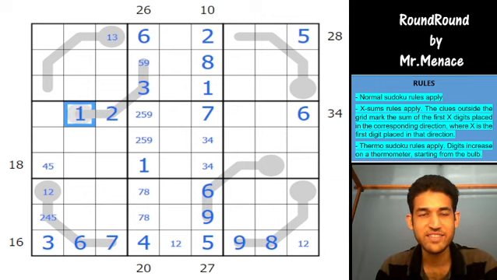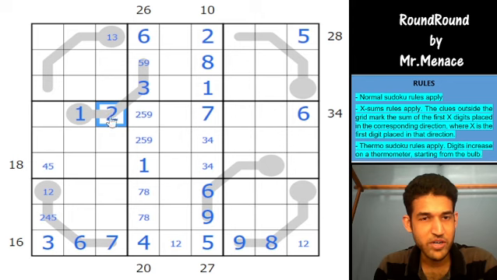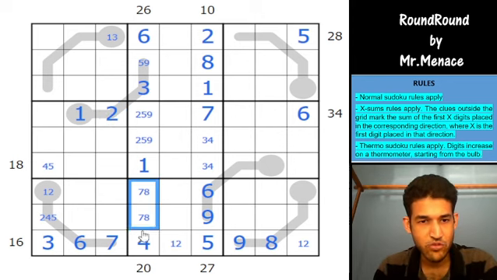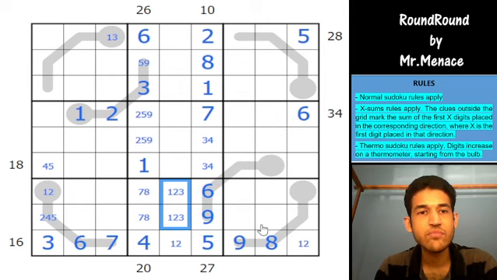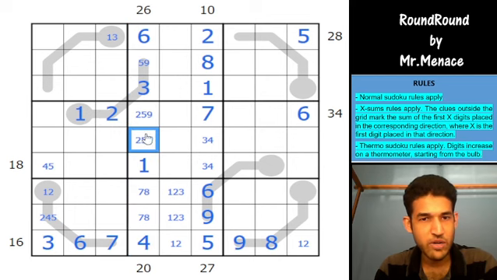Really beautiful, guys. Look, the sequence of digits, absolutely gorgeous, right? So we got 1, 2 here, right? 4, 7, 8, 5, 6, 9. So these would be 1, 2, 3, and 2 in column 4 now has only one cell.